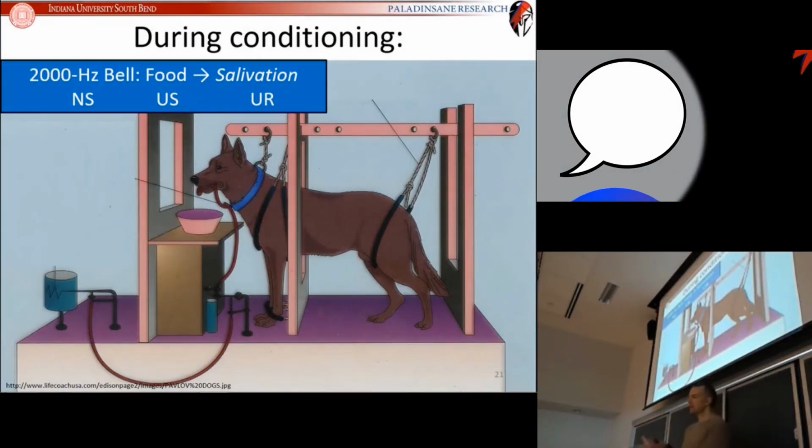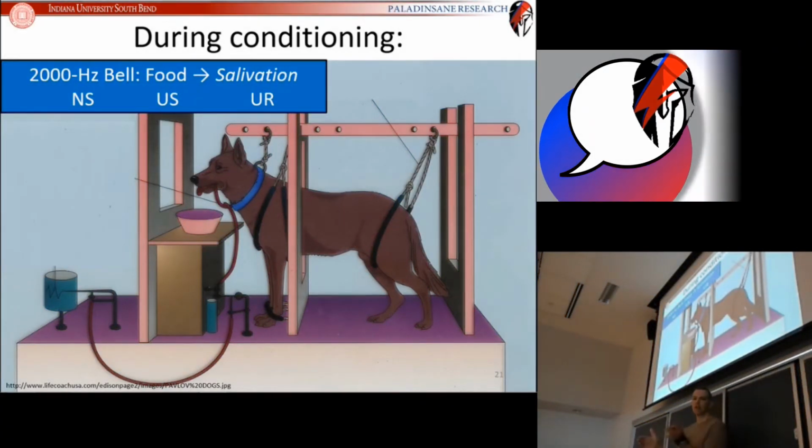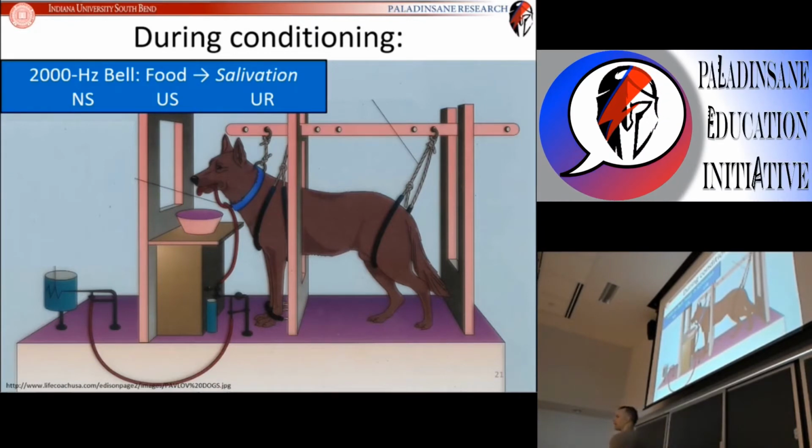So we mentioned this in previous classes, that you can test a dog's sensory abilities. You can learn what different animals can and cannot perceive by going through discrimination training. So what you do in this case is you pick two stimuli, and one of those you pair with the unconditioned stimulus.